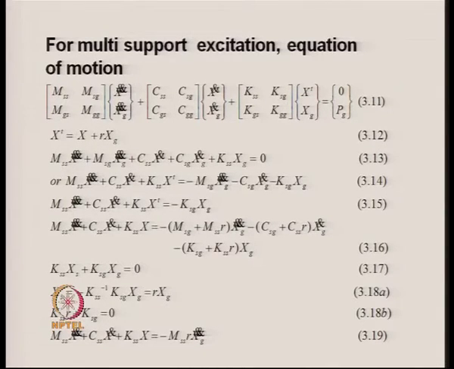Once we substitute this, we get an equation in which we have M_SS into x double dot T plus M_SG into x double dot G, plus C_SS into x dot T plus C_SG into x dot G, plus K_SS into x_T, which will be equal to minus K_SG multiplied by x_G.